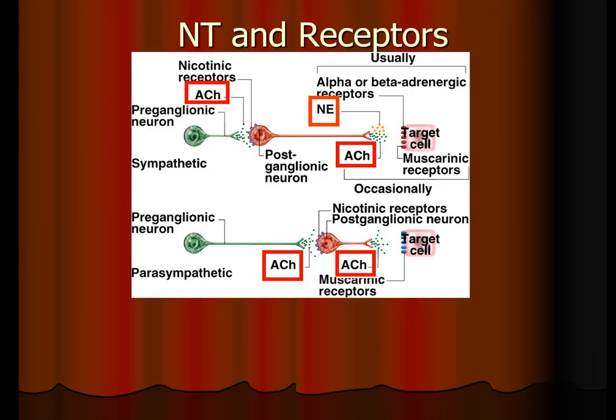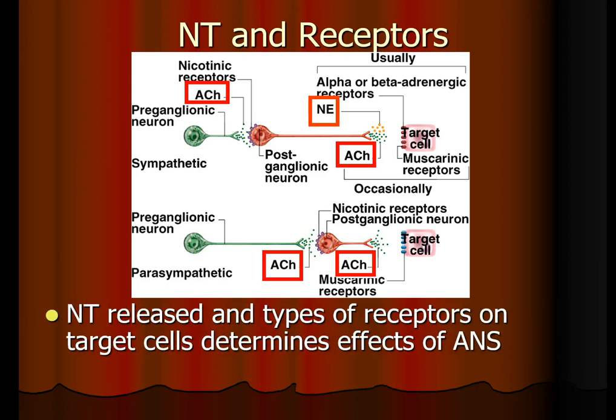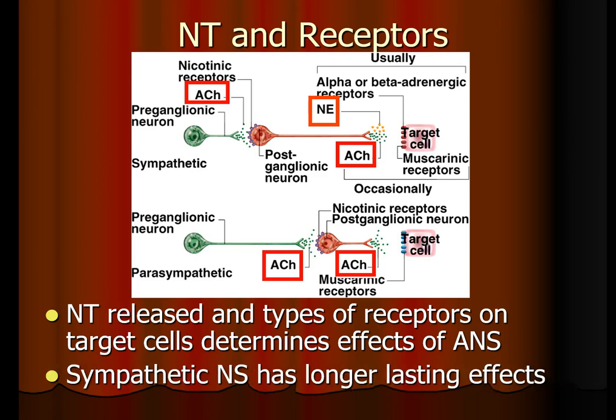All right, so neurotransmitters and receptors for the autonomic nervous system. The neurotransmitter released and type of receptor on the target determines what effect we're going to get. Is it going to be excitatory? Is it going to be inhibitory? Okay. Another thing to know, sympathetic nervous system, its neurotransmitter it releases is norepinephrine.